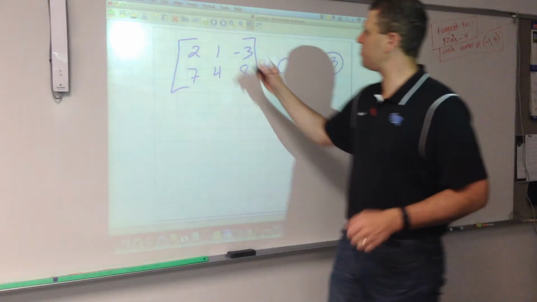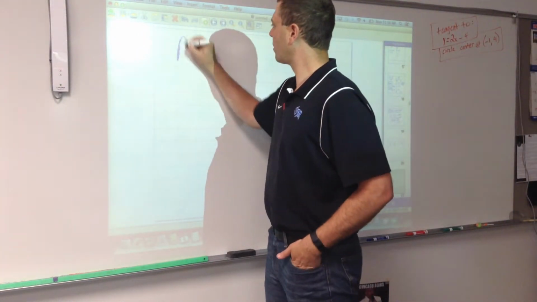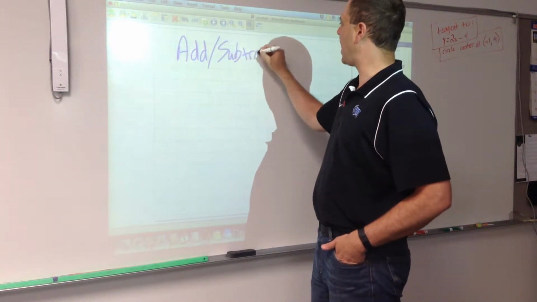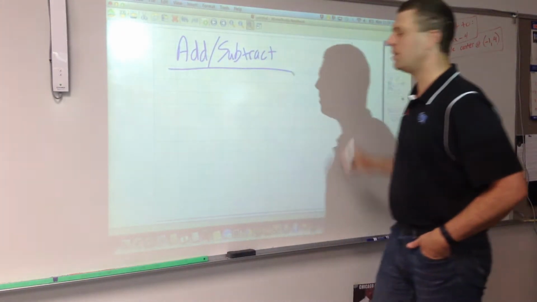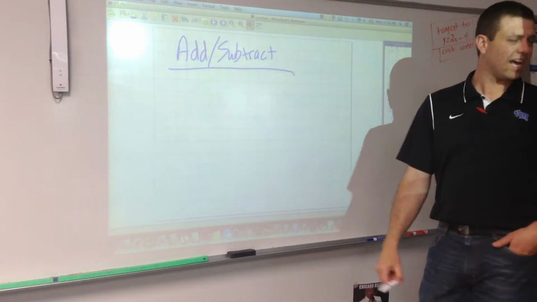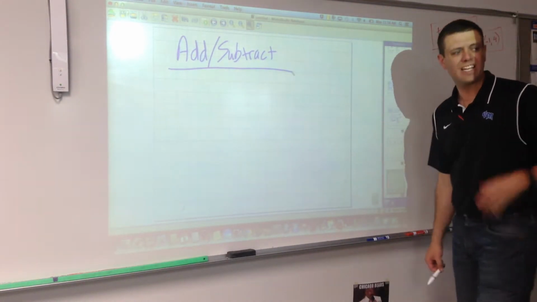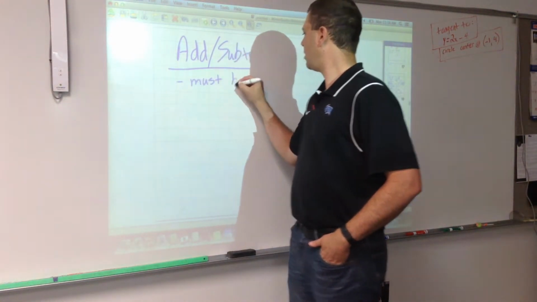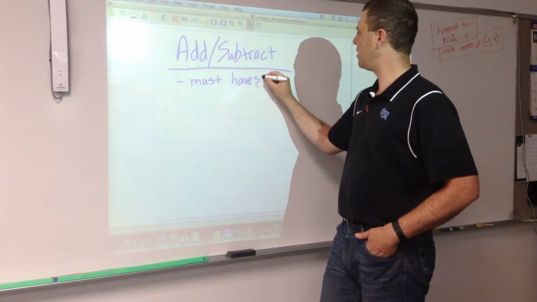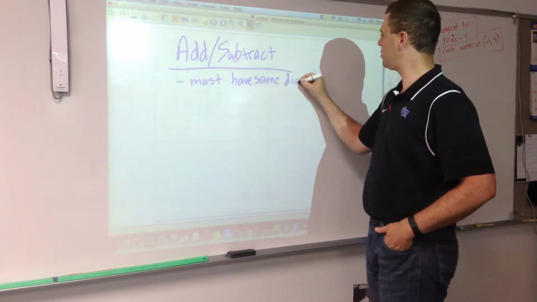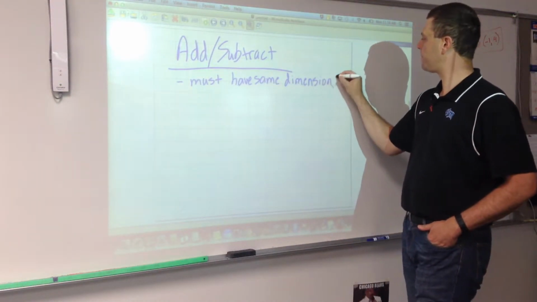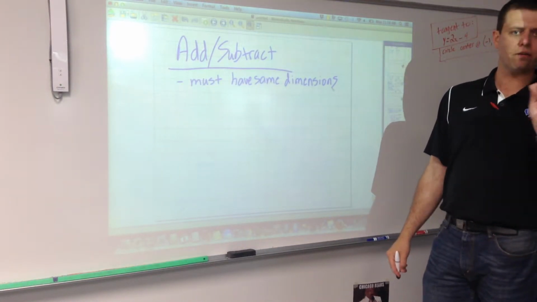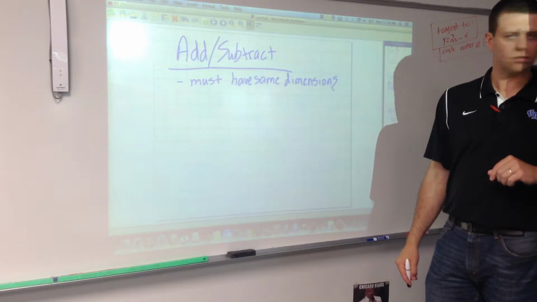Matrix operations, pretty simple. If you want to add or subtract matrices, you must have what? Who remembers from Friday? Exact same dimensions. You must have the same dimensions. And all you do is you add or subtract the corresponding elements.